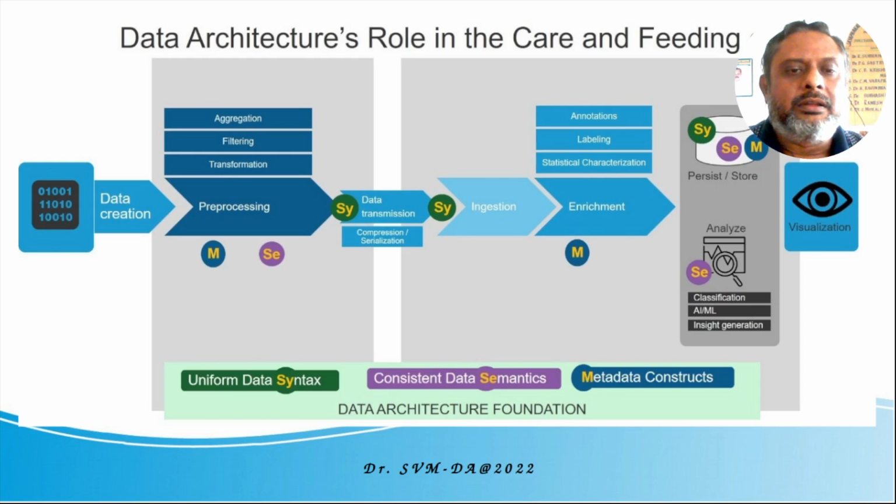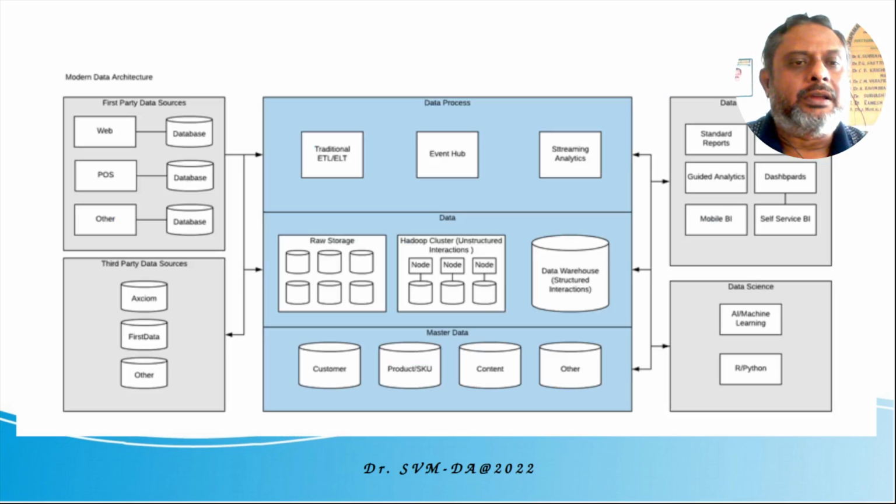And in the pre-processing and the enrichment stages, we have metadata constructs. So that's going to declare how the overall process is being done and so on. That's another way of defining the same thing.